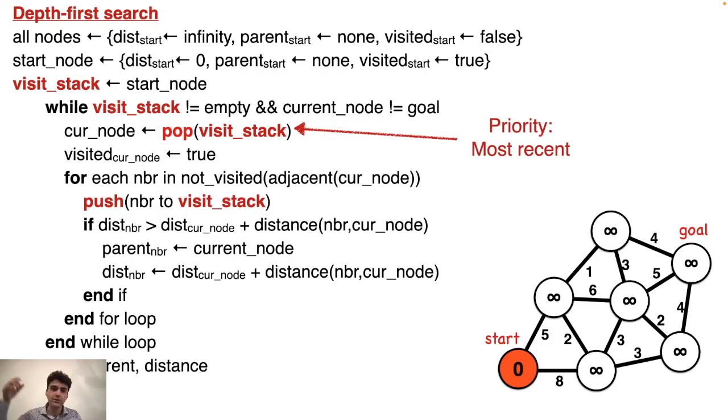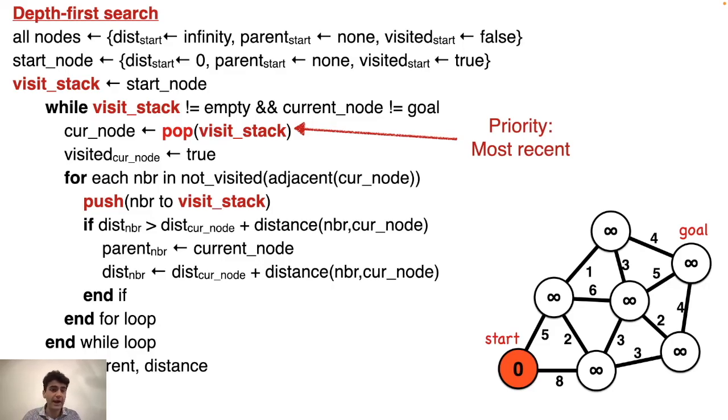So you would add elements to the top and take off elements from the top one by one. In pseudocode, that notion of removing the element with the highest priority is expressed with the pop operation. So you'd pop the top element off of the stack to give you the node in our graph which was most recently added to the visit stack.